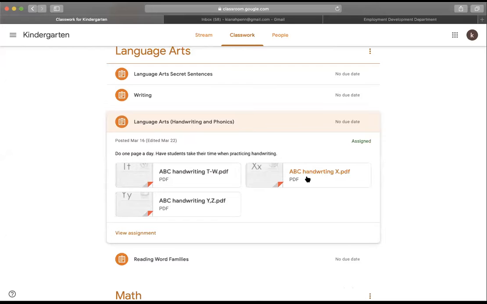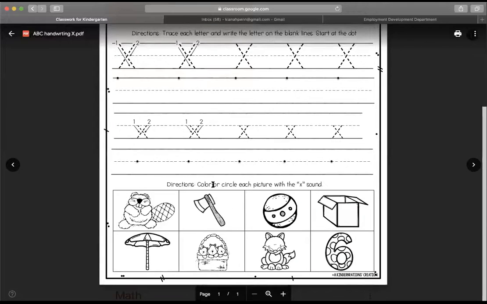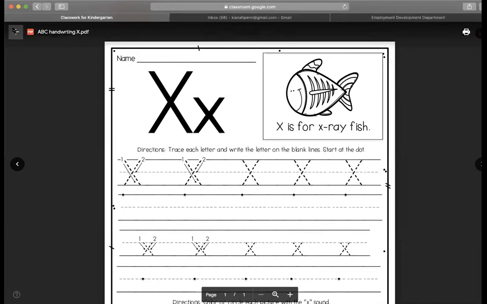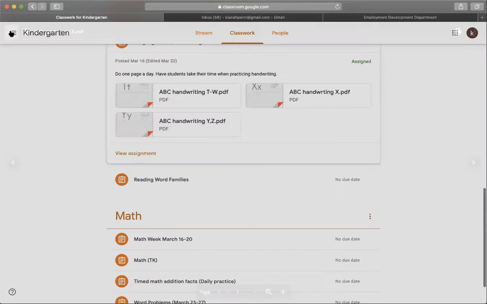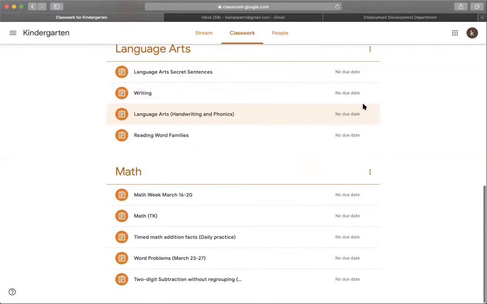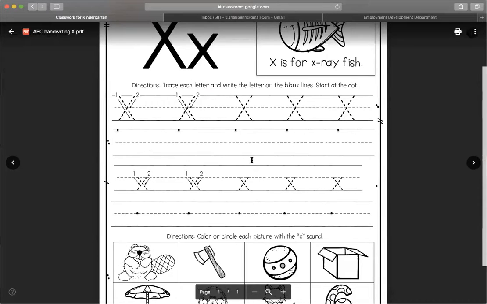If you'd like to have them today at some point, if you'd like for them to start tracing the letter, that would be a good extra work for them to practice. So you want them to do X? Yes, it's not mandatory. If they want to practice the letter X, they're more than welcome to.